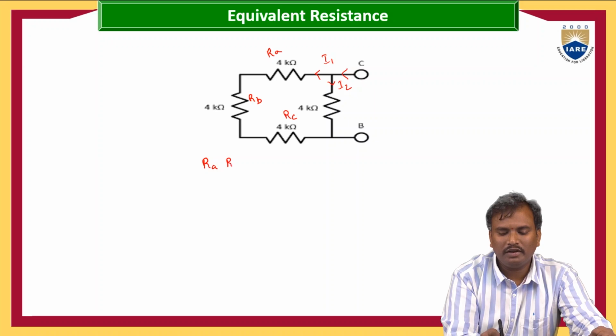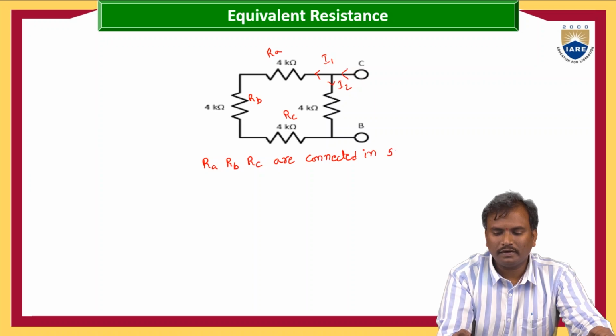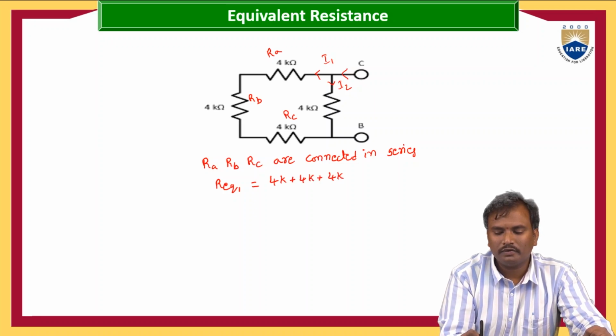So from this we can say that, let us consider RA, RB, RC, are connected in series. When these are connected in series, R equivalent 1 is equals to 4 kilo plus 4 kilo plus 4 kilo, which is equals to 12 kilo ohms.